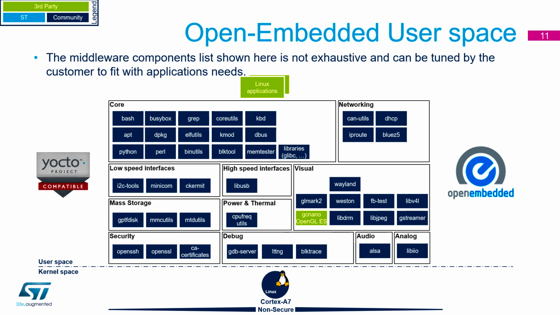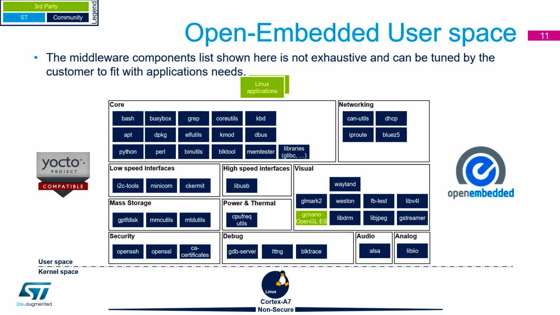GDB server for debug, Python, Bash, things like that. They're all standard applications, which are all Yocto compatible and OpenEmbedded compatible. So again, you're using standard drivers, but this is all part of the OpenSTLinux distribution.